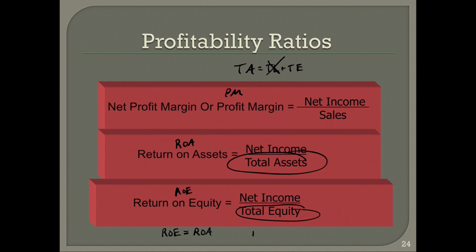As soon as a company introduces some form of liabilities, a company's ROE will always be greater than ROA. So you always know that a company is utilizing debt if their ROE is greater than their ROA, and that's strictly due to the way that the equations are set up and our balance sheet identity.